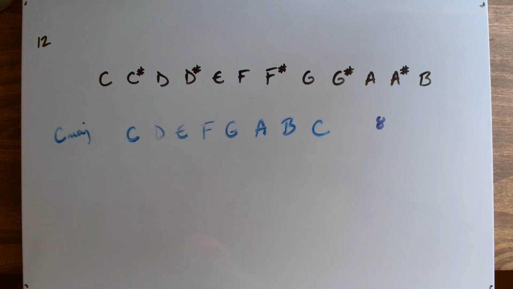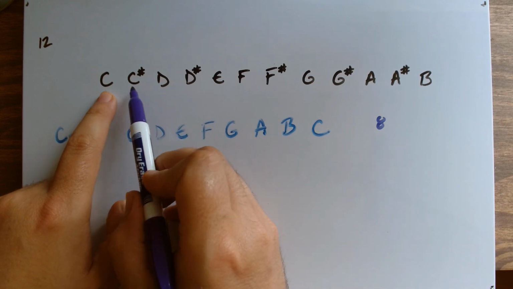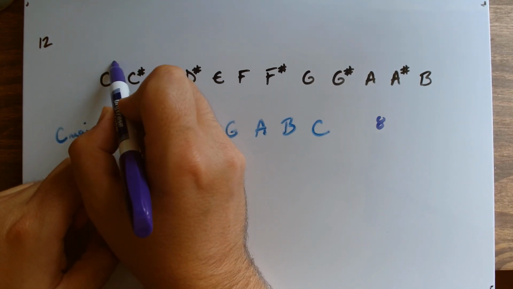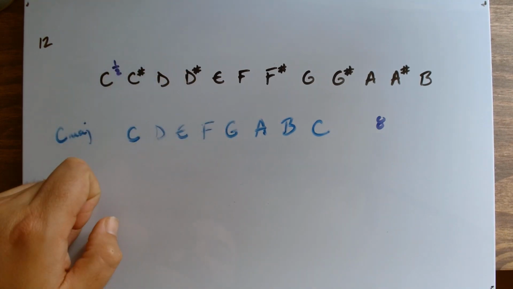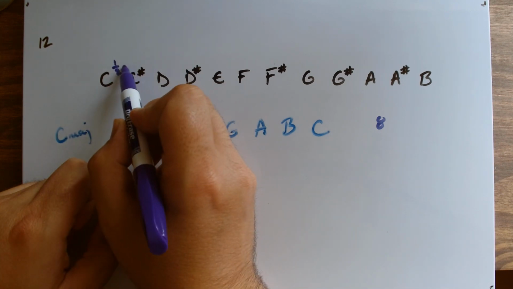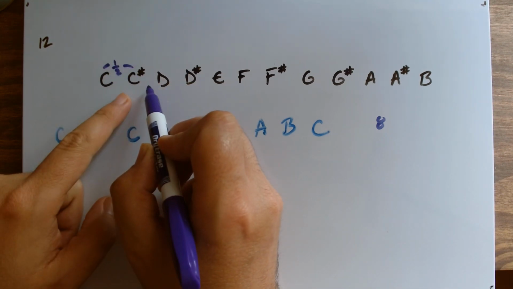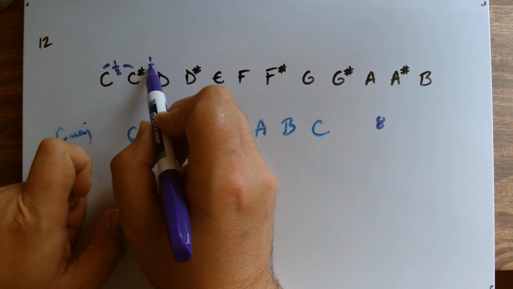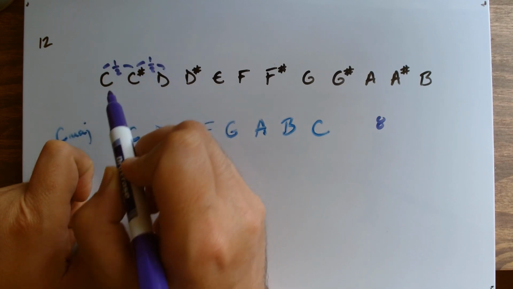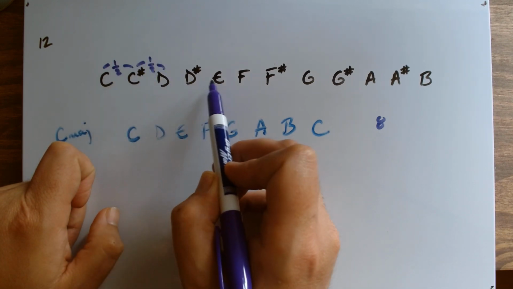Okay, so if I look from C to C sharp, this is what's considered a half step. And if I go from C sharp to D, this is also considered a half step. So half, half, half, half.